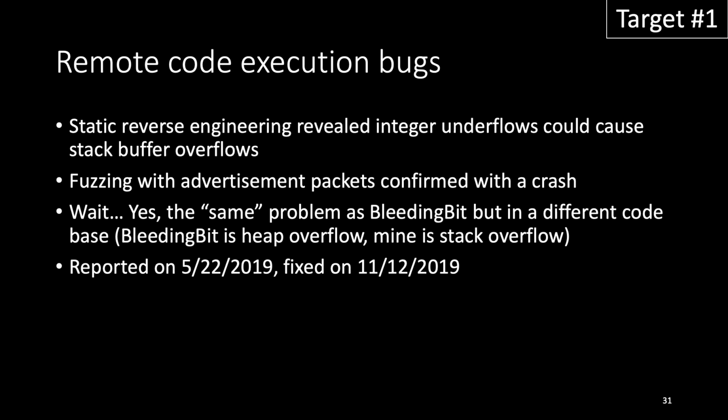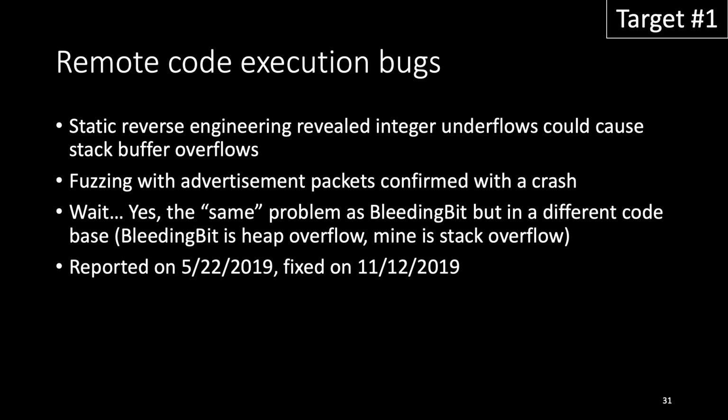Now let's talk about the vulnerability that leads to remote code execution. I actually found this integer underflow very long ago. When I disassembled this firmware, I identified the memcpy first and looked around all the callers. I could identify this integer underflow right away, which can lead to a stack buffer overflow. But at the time, I didn't have a way of reaching this code path.